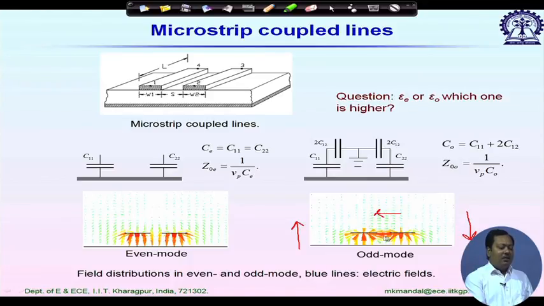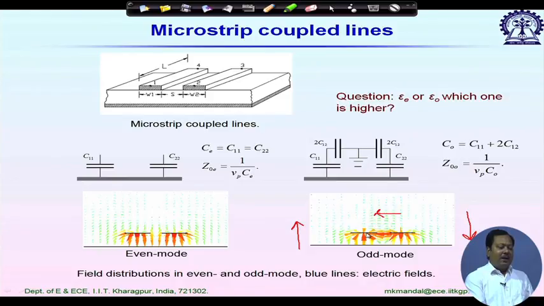On the right side we can see it clearly: we have electric field from the right strip to the left strip, so the coupling is due to the electric field and we call it electric coupling. So, two important conclusions: in even mode we can place a PMC between these two strips, and in odd mode it should be a PEC. Not only that, in even mode the coupling is due to the magnetic field, so we call it magnetic coupling, and for odd mode we call it electric coupling.